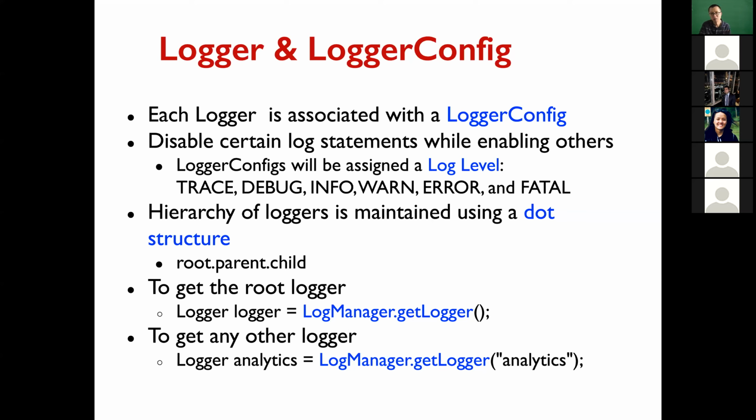It is also a child of the root. This also shows how to get a root logger and how to get other loggers. Usually we give a name, like analytics, which means we want to get the logger named analytics. And if we don't specify a name, we get the root logger.